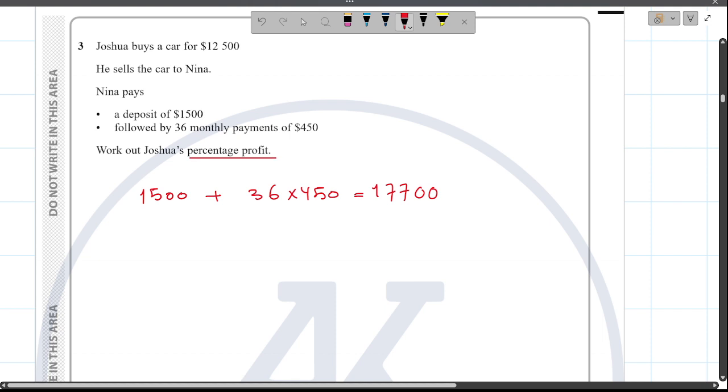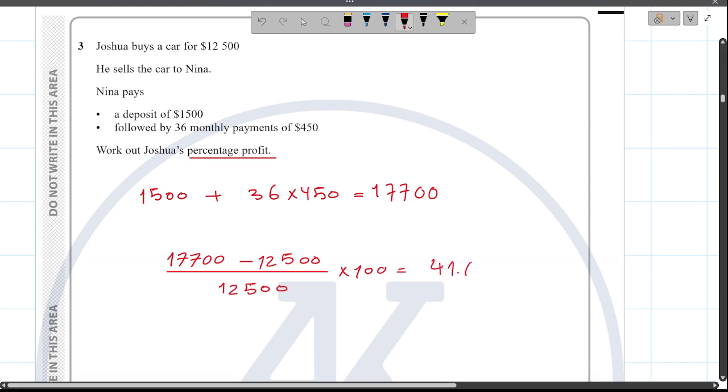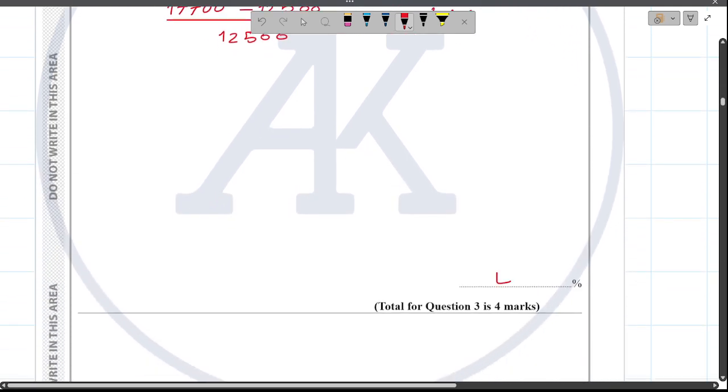So the percentage profit is the difference, 17,700 minus 12,500, over the original, which is 12,500, multiplied by 100. So here, 5,200 over 12,500 multiplied by 100, so it's equal to 41.6%.